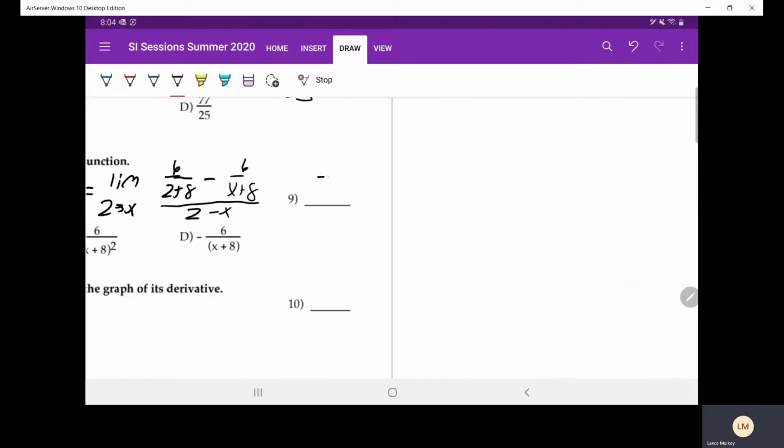So I like to pull the limit out. So pull the coefficient 6 on top out. And then pull the common factor out right here.